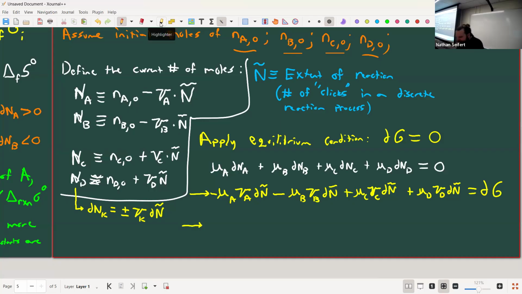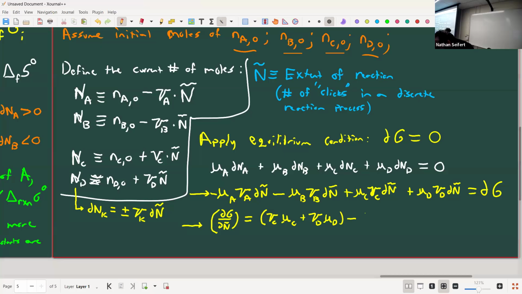What I can do is divide both sides by dn tilde, so that I have the change in Gibbs energy with respect to the change in extent equal to nu C mu C plus nu D mu D minus nu A mu A plus nu B mu B.